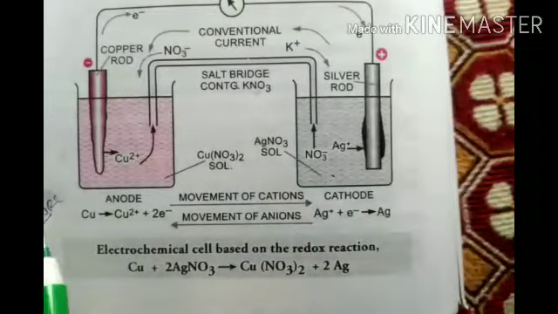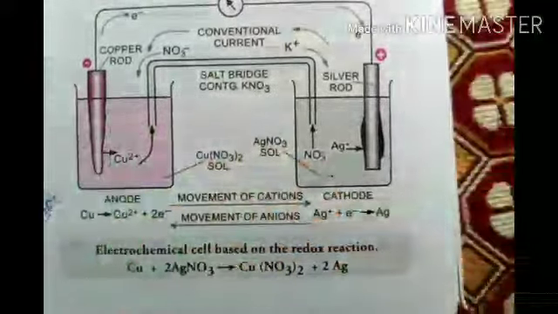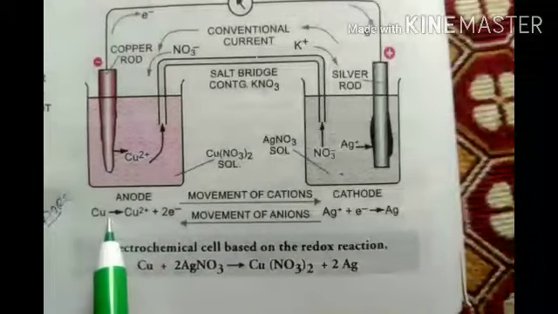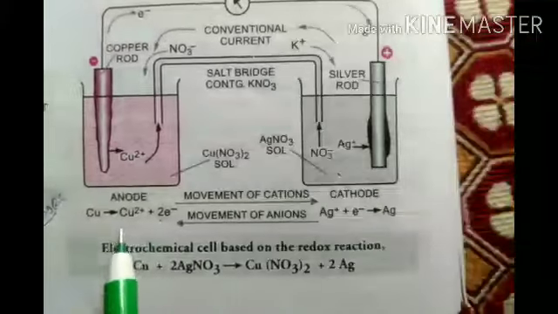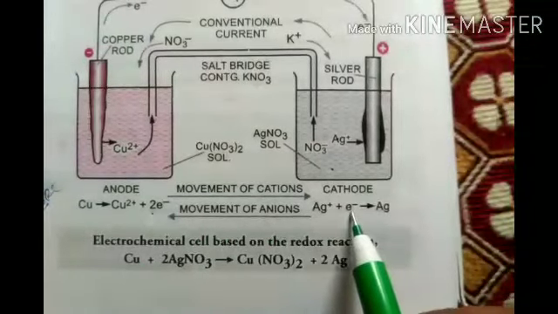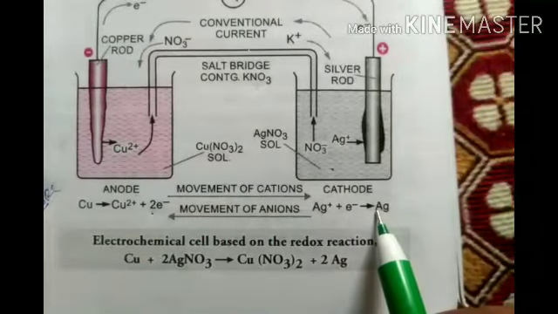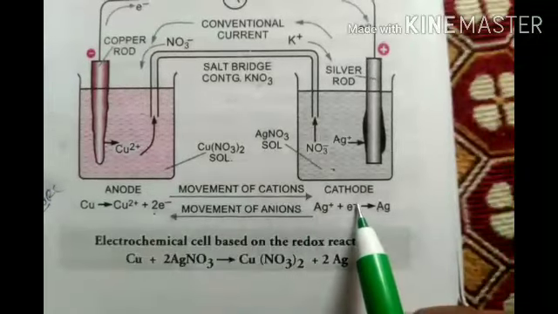AO means at anode oxidation is going on. Losing electrons means oxidation. So Cu releasing electrons is oxidation, and Ag attracting electrons, gaining electrons, is called reduction. Here oxidation is going on, here reduction is going on.